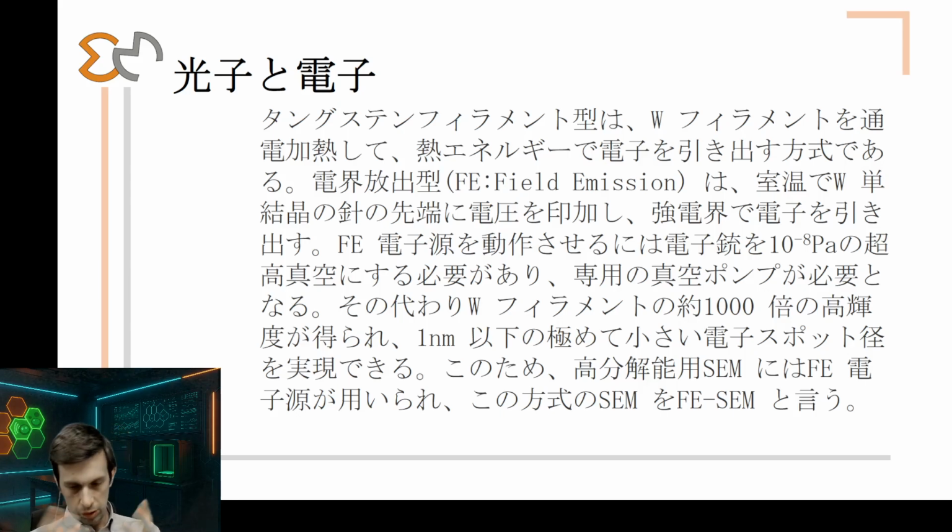Tungsten filament is the cheapest solution, and also the solution that you need to change more often, because tungsten filaments break more often than the other sources. It works in a very simple way. You heat up the filament, and the filament emits electrons, while the other technologies are a little bit more complicated.